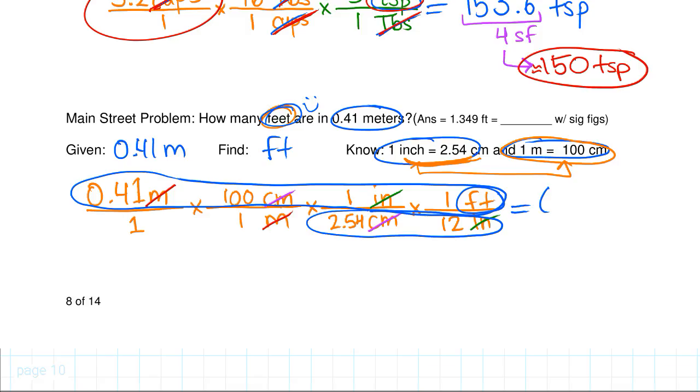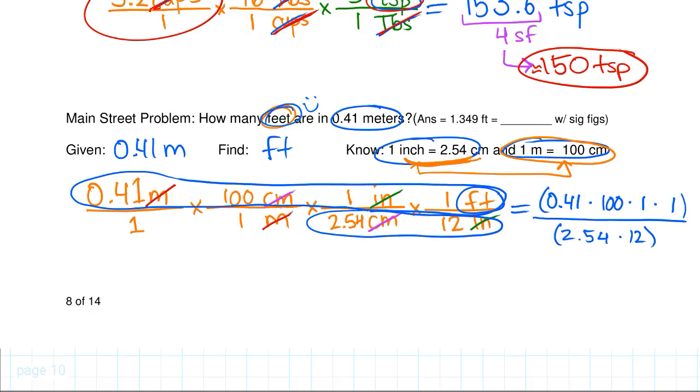So if I were to condense this into one operation, it'd be 0.41 times 100 times 1 times 1, that's the entire numerator, all over the entire denominator, in parentheses, which is 2.54 times 12. With calculating all of these different numbers in their positions, it just comes with practice.